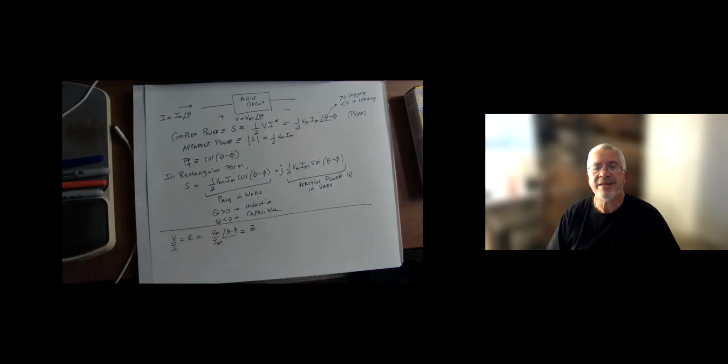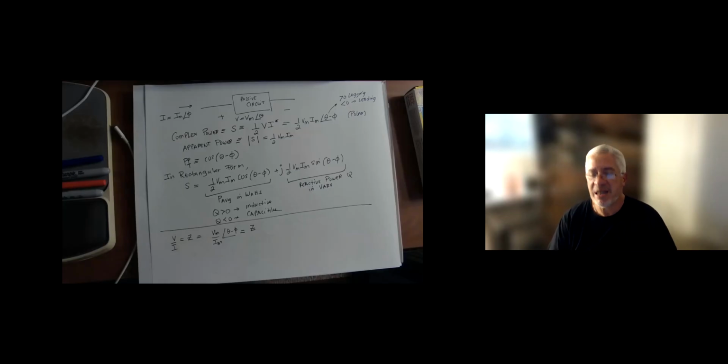Depending on how the problem is phrased, that's also important to see. But this is a good summary of how the complex power gives you all the information you need, whether I'm asking for the power consumption of a circuit element or a portion of the circuit. Hope that helps.